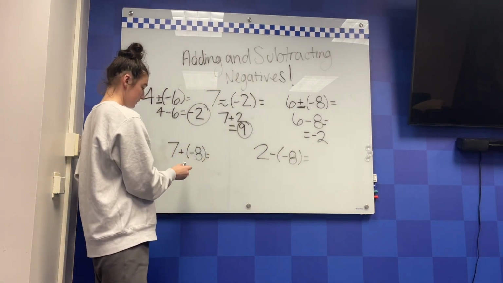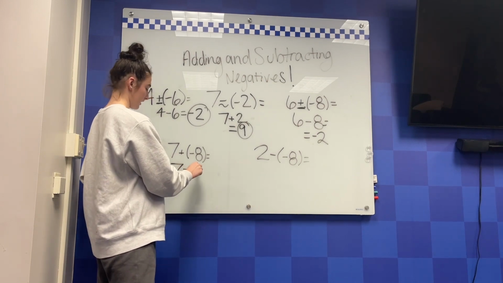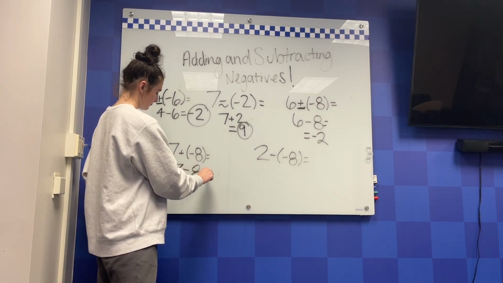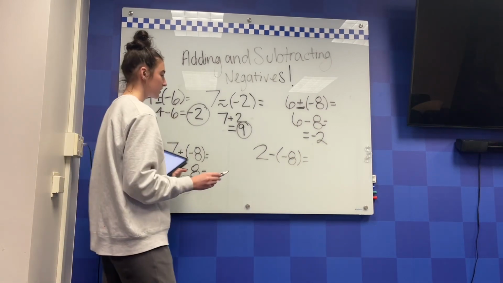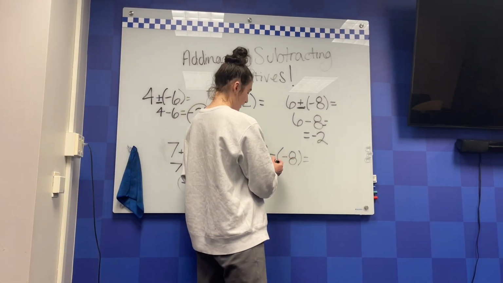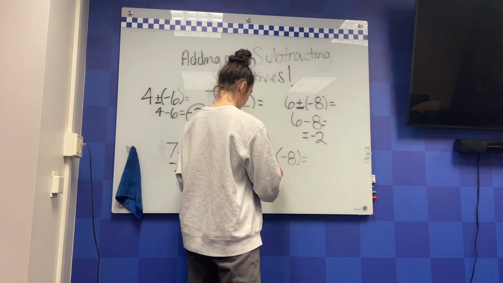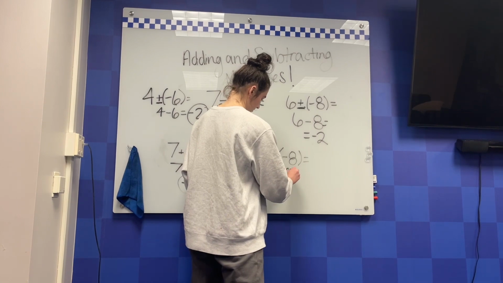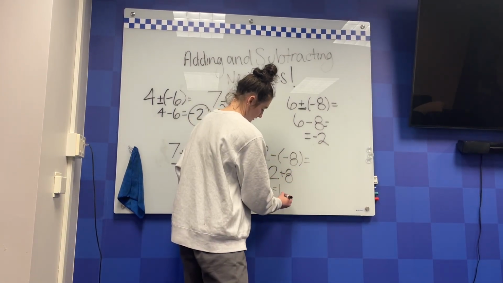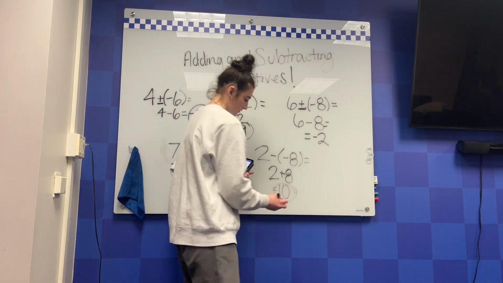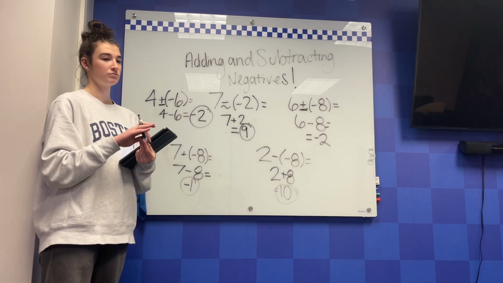And then again, addition. So we're going to subtract again. Awesome, good job. And then back to subtraction. So what are we going to do? Add. And the answer is, awesome. Anybody have any questions on those?